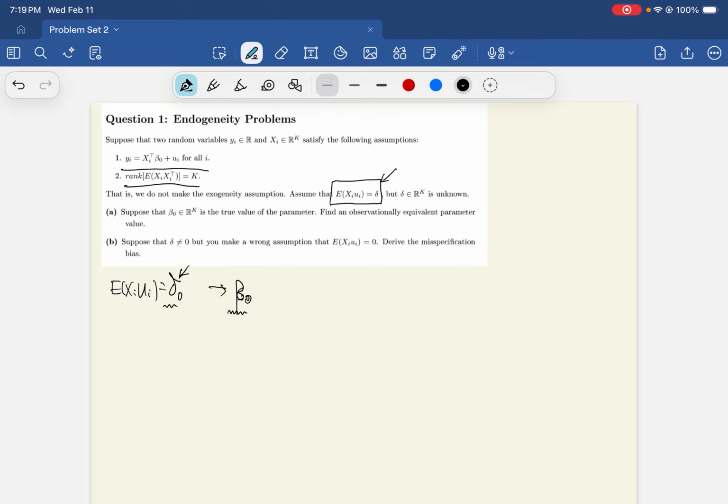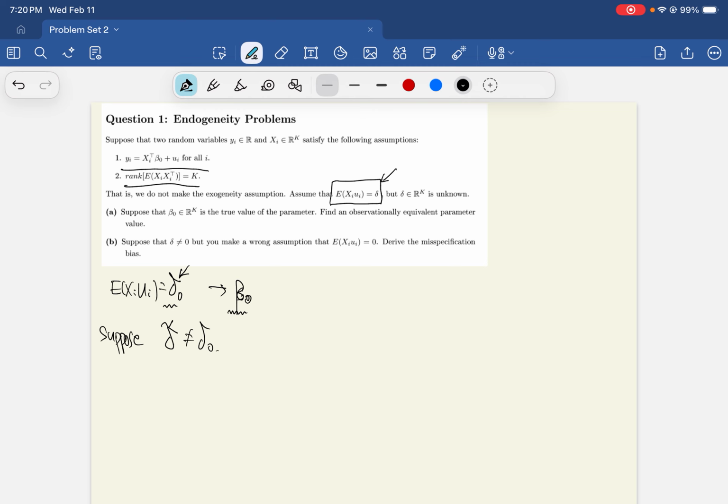Now then, the problem is just you do not know delta. So then, an observationally equivalent parameter will correspond to a different value of delta. Say delta tilde is a different value from delta 0. Suppose delta tilde is different from delta 0.